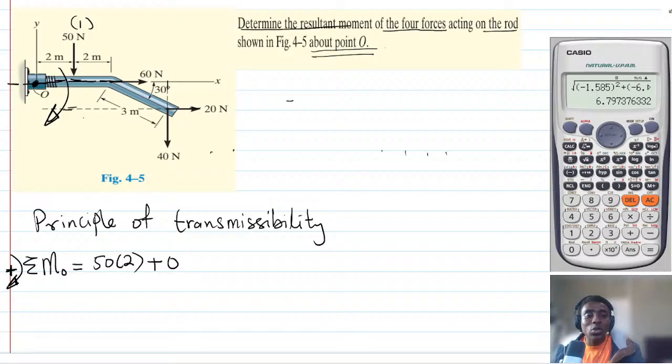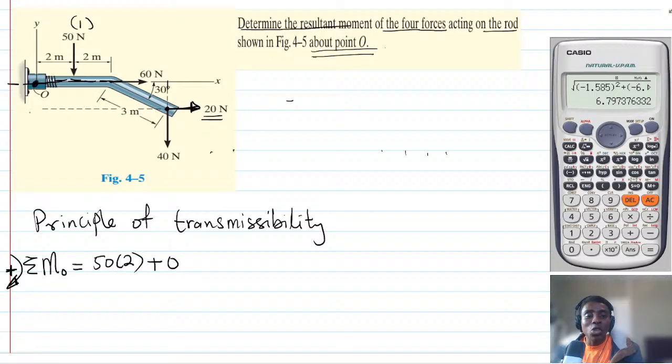How about the 20 Newton force? Interestingly, the 20 Newton force is just at this point here. But we've been asked to find the moment of the 20 Newton force all the way about O. Can you see that? To find the moment, it's just going to be pretty simple.